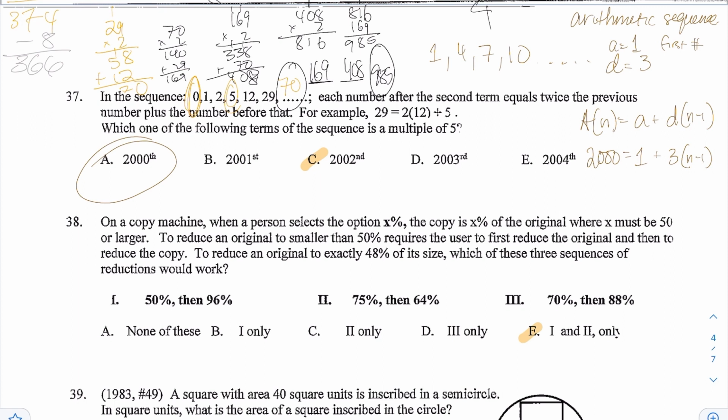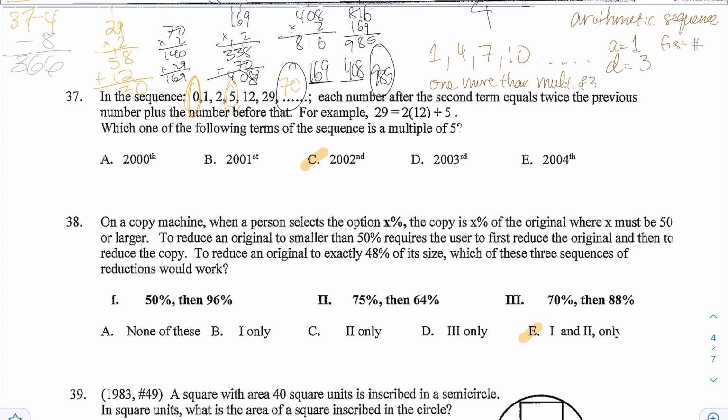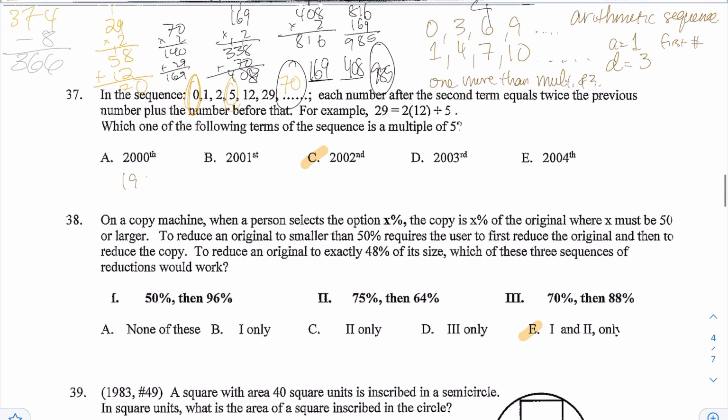That's probably easier here. So you can solve this using the arithmetic sequence. But here the pattern is just one more than a multiple of 3. Because a multiple of 3 here is, well, you start with 0, and then 3, 6, 9, etc., etc. So subtract 1 from all the choices.